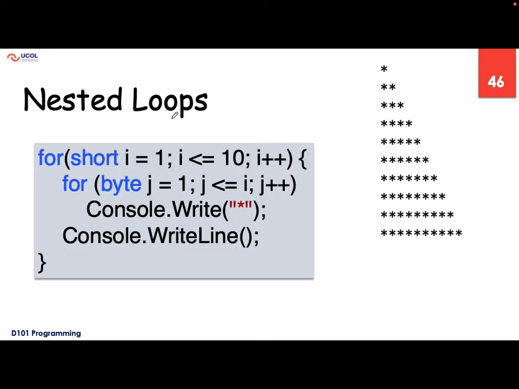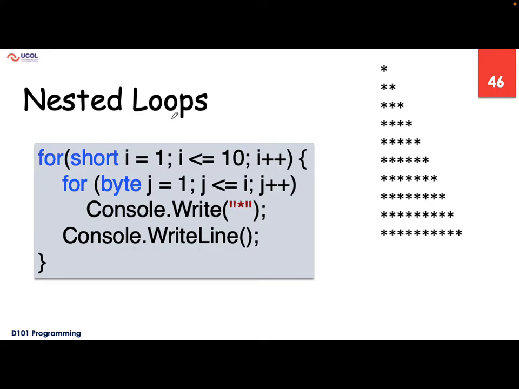Nested loops. Just like we can have an if statement inside an if statement, we can have loops within loops. So, if you want to print something like this, we try to use another statement. Remember before we said that it would print this many stars on that line.